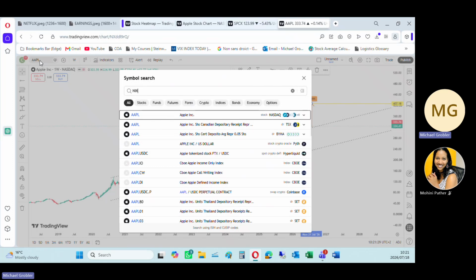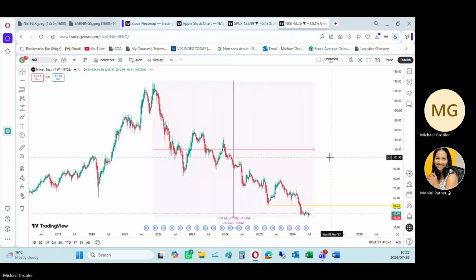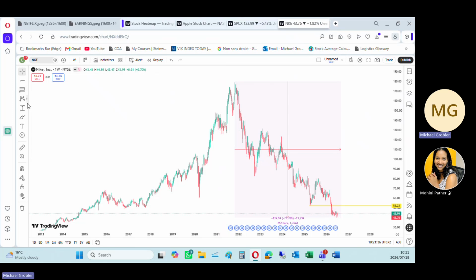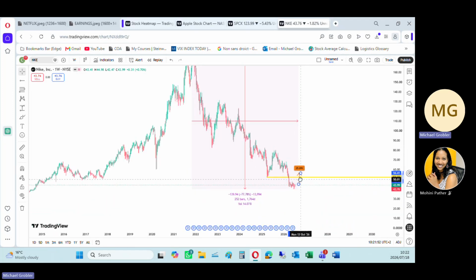Now, let's just give you an example, we'll just use Nike again, the dog of the Dow. Okay, what do we need to happen to make 25% on this one? Okay, now doesn't that look a little bit more reasonable to you?